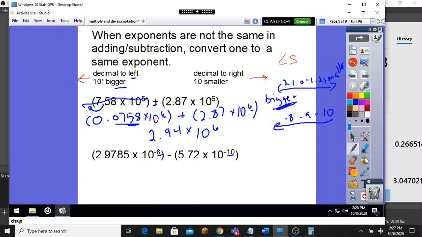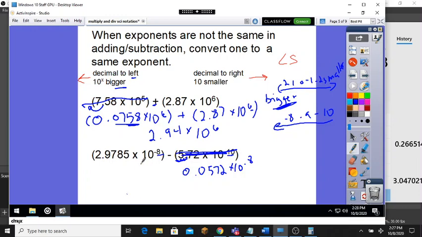We're going bigger, see? So if we go to the left, we are actually going bigger. So we need to move the decimal over to the left 2 times. Okay. We went over 2 times. 1, 2. Okay. So that is this number now.